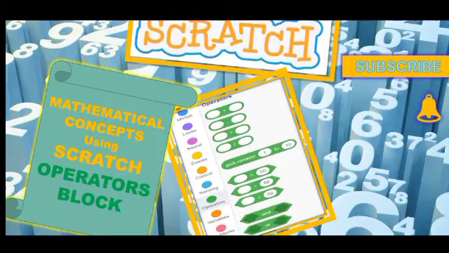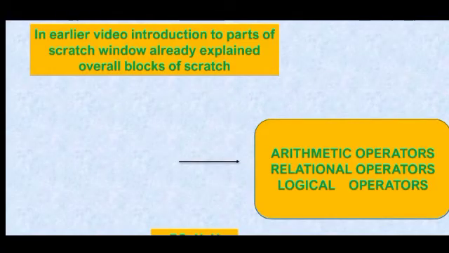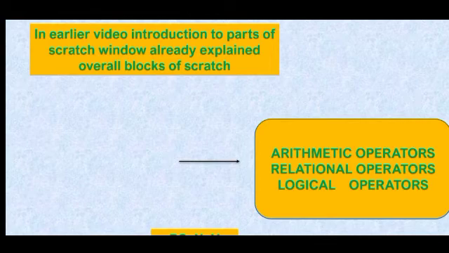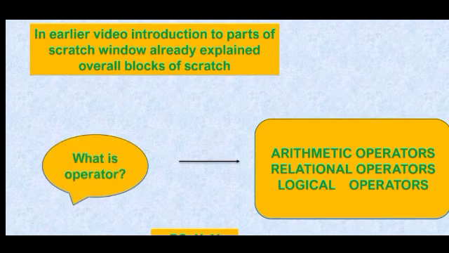Children, in operators blocks, we have 3 types of operators, that are arithmetical, logical and relational. Arithmetic means mathematical, logical means we can check whether the condition is true or false, and relational means greater than, less than, equal to. These types of conditions can be checked using these operators.